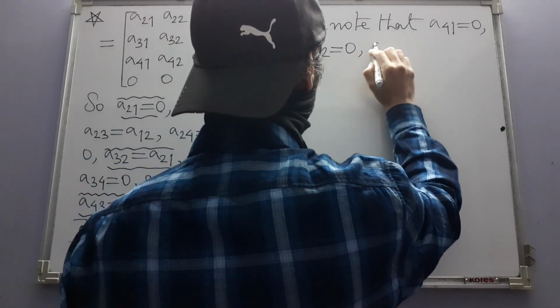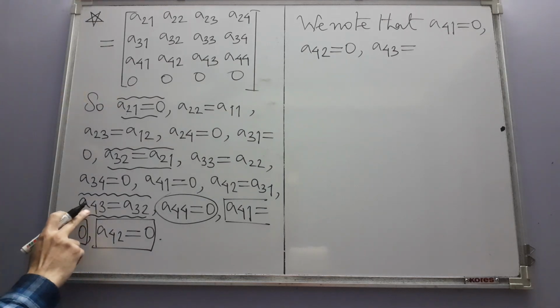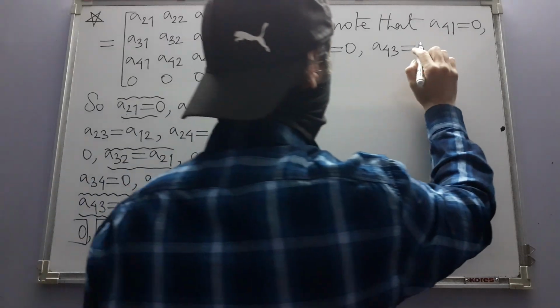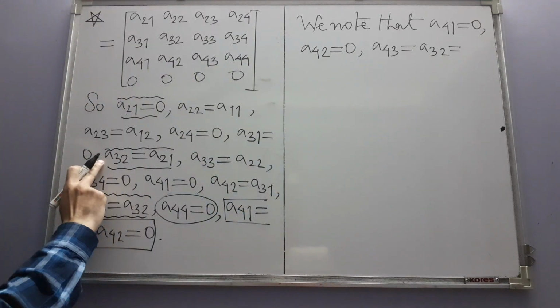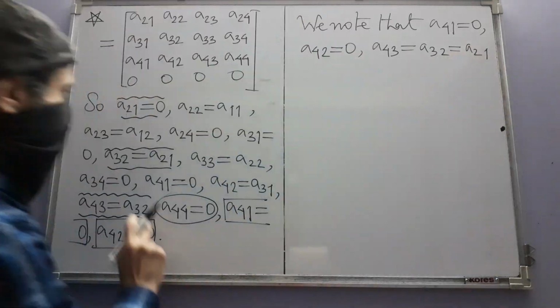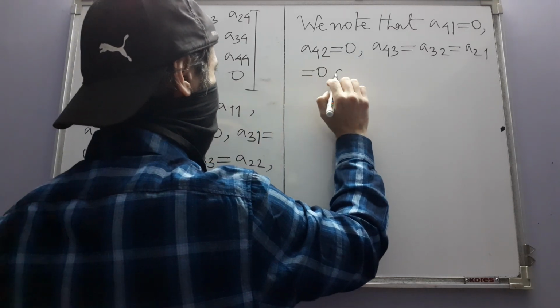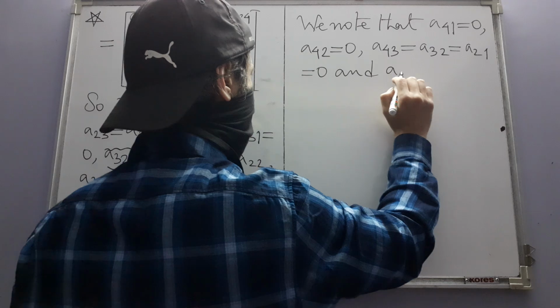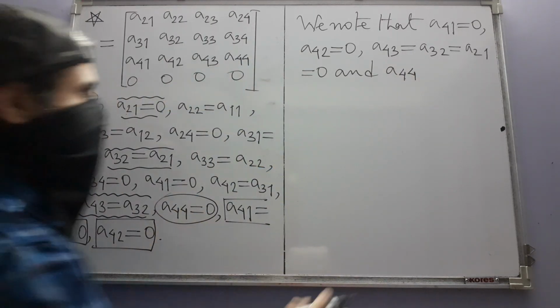A43 is also 0, but that is not immediately seen. First, A43 is equal to A32. Then, A32 is equal to A21. And then A21 is equal to 0. And A44 is also equal to 0.